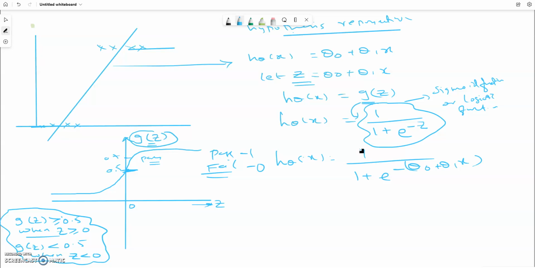If our prediction returned a value of 0.2, somewhere here, maybe 0.25, then we will classify that observation as fail, right? So this is it in this video. In the next video we'll talk about the cost function.